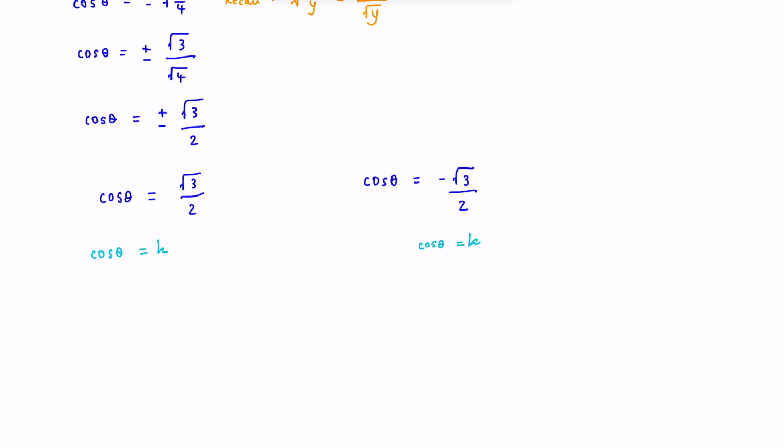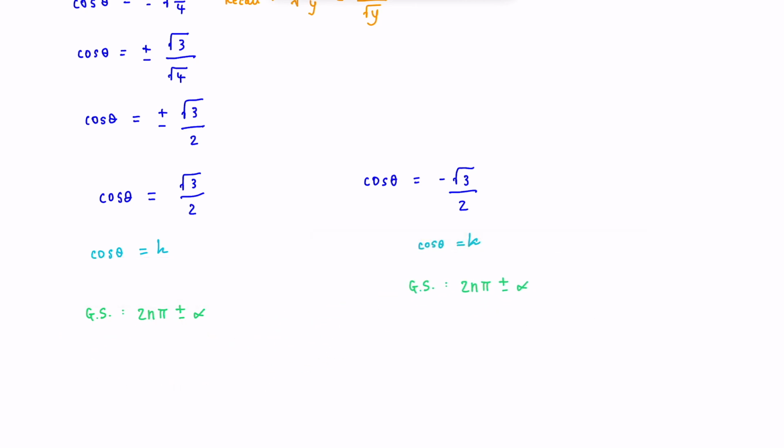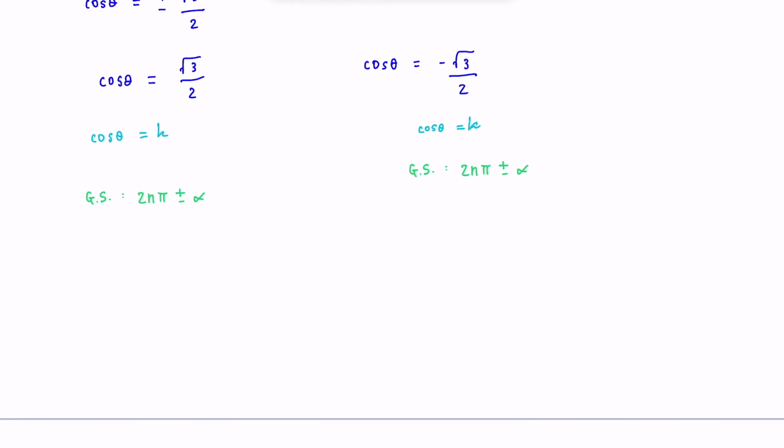And we know that our general solution for cos is 2n pi plus or minus alpha. So we have both of these going here. And the first thing we're going to do is find the value of alpha. So for the left, we have alpha is equal to the inverse of cos of positive √3 on 2, and then this one.